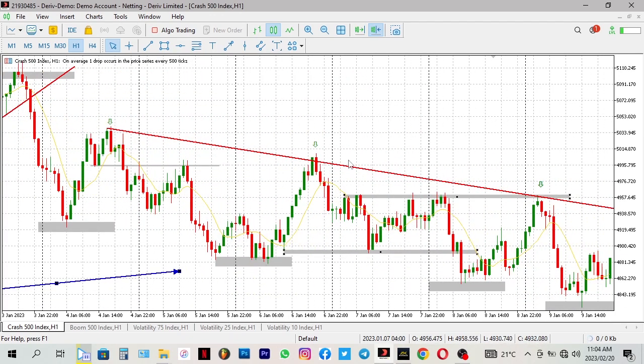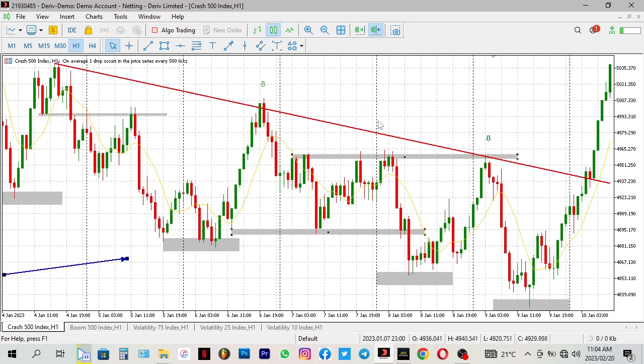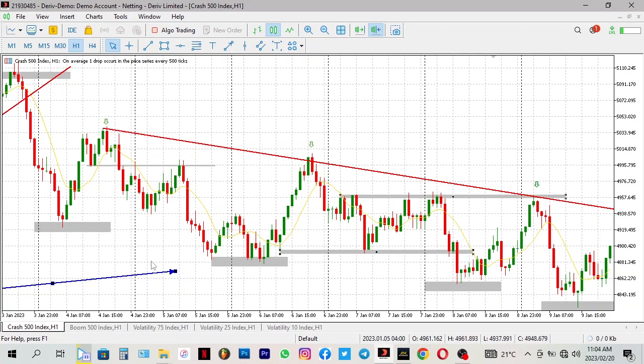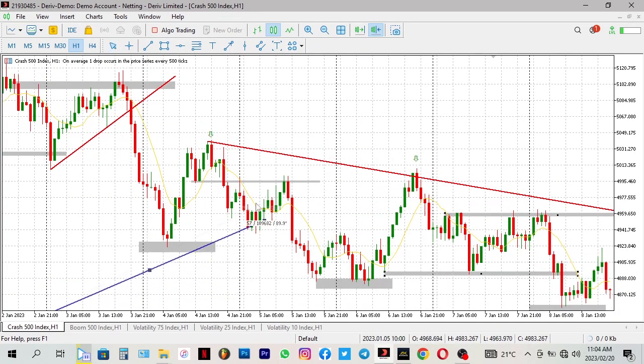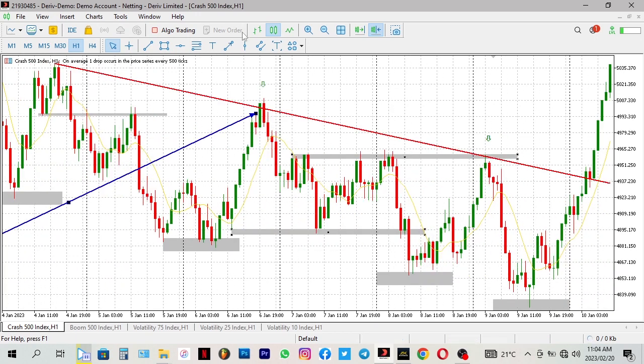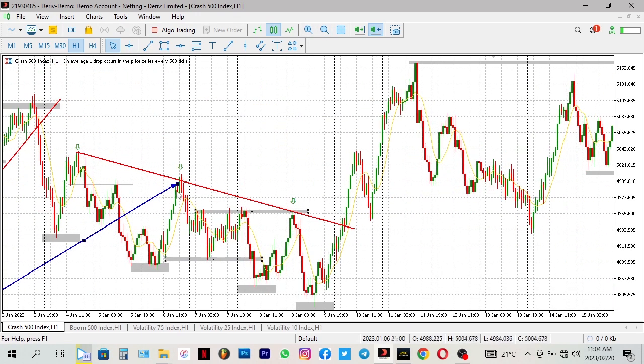We also have a downtrend. As a trend line trader, you can see we have 3 good touches: first touch, second touch, and the third touch, and we also have a resistance here. So even if you are a support and resistance trader, the index respects your strategy.